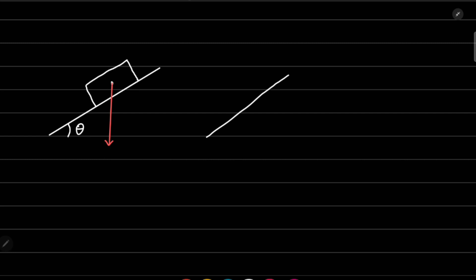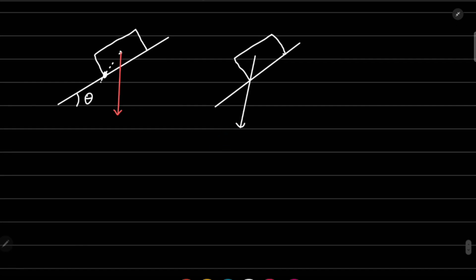Now we'll also be asked questions about toppling. So if I have an inclined plane and a lamina on top of it with its center of gravity over here, if its center of gravity passes like this, or at max in a scenario like this where the weight passes through the edge of this, so like the weight passing through this point, this point is the limiting equilibrium.